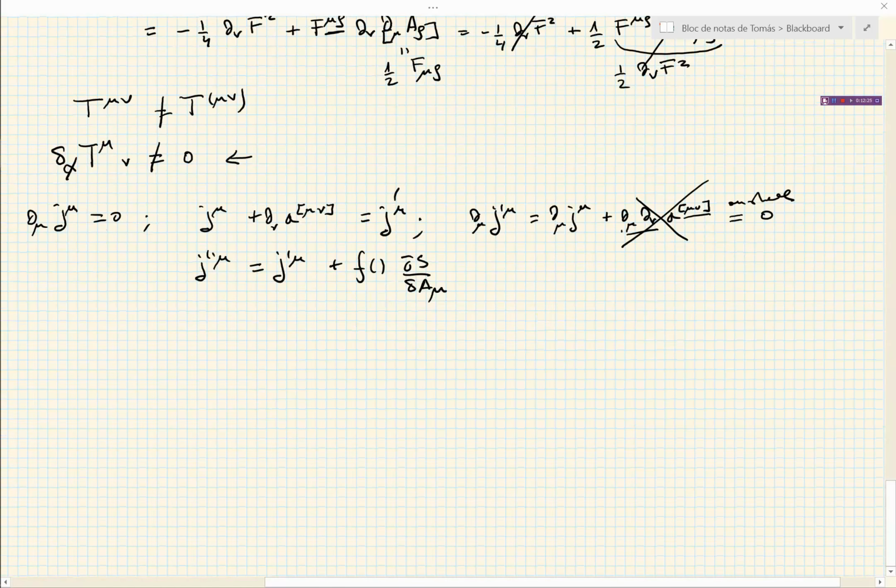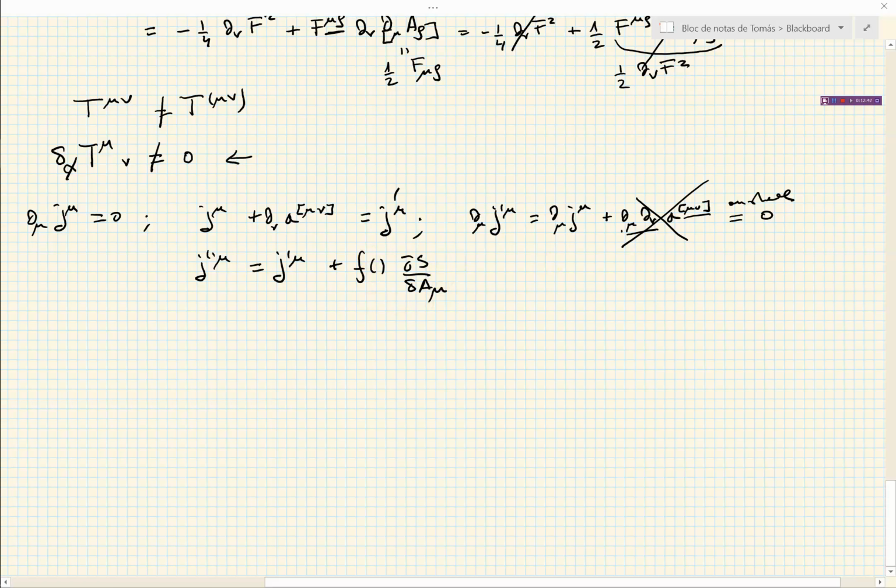I mean, clearly, if you do this, when you take the divergence, what you get from this will always be proportional to the equations of motion and will vanish on shell. So this is another modification that you can do.